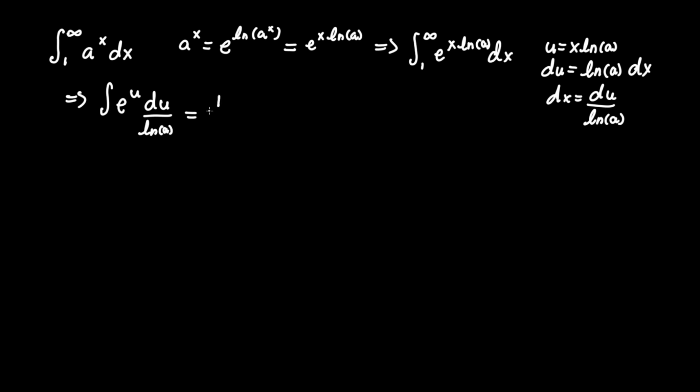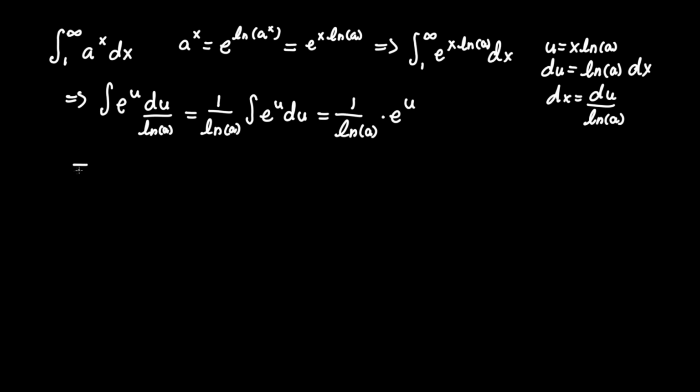Rearranging, we get 1 over ln a times the integral of e to the u du. And as you know, the integral of e to the u with respect to u is again just e to the u. So that's 1 over ln a times e to the u. Don't worry about the plus c, because we are going to apply the boundaries right after this.